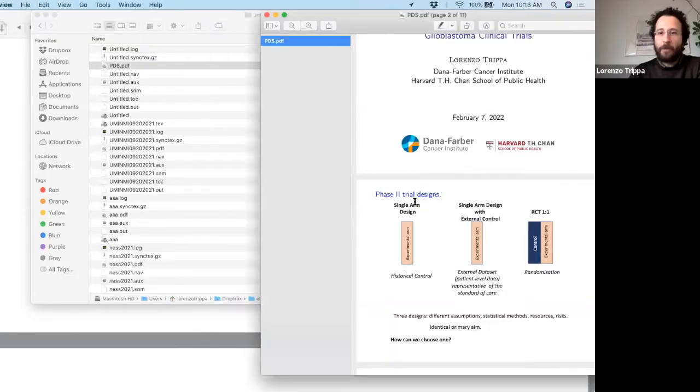And then thanks to Project DataSphere, I put together this group of scholars, and we continued working on this idea of integrating external information into clinical trials. And so there are a couple of ideas that I'll try to summarize and express with the support of a couple of figures.